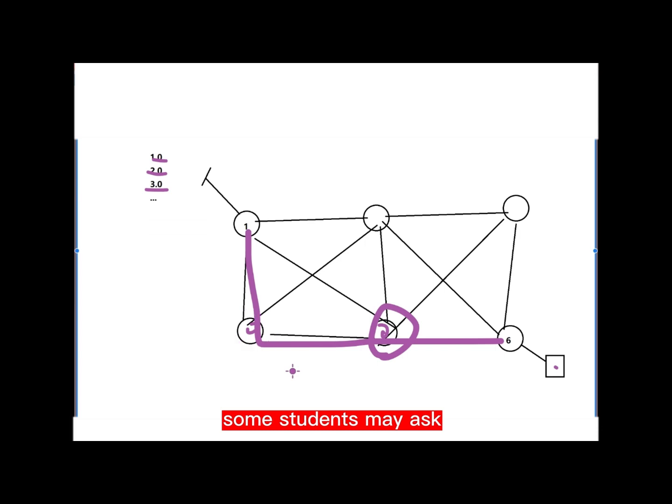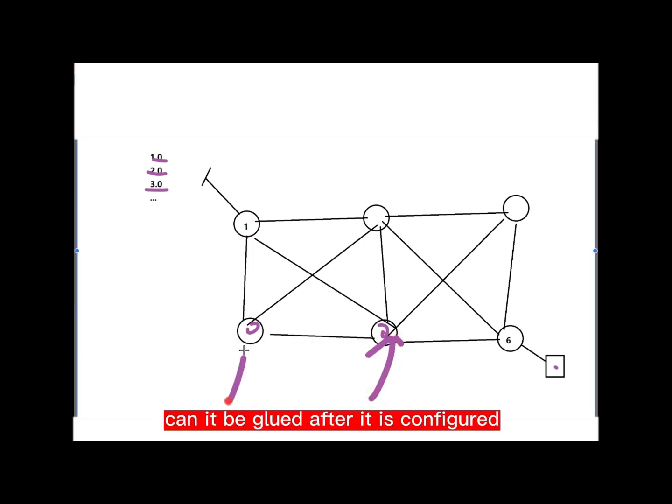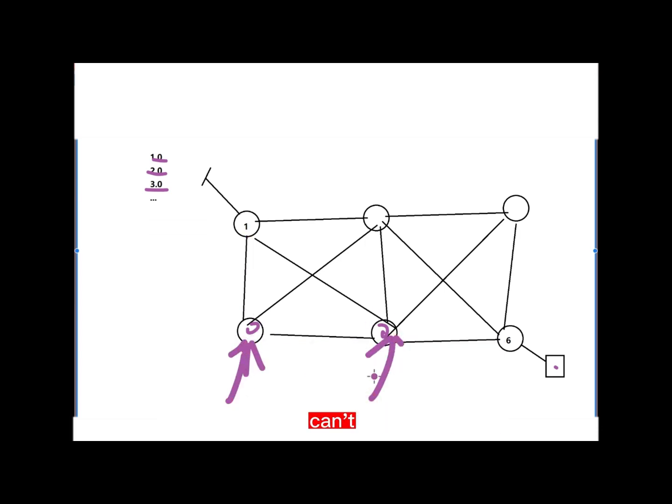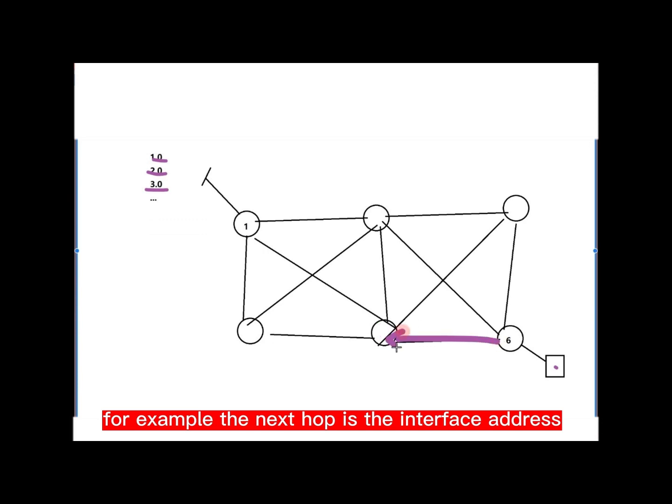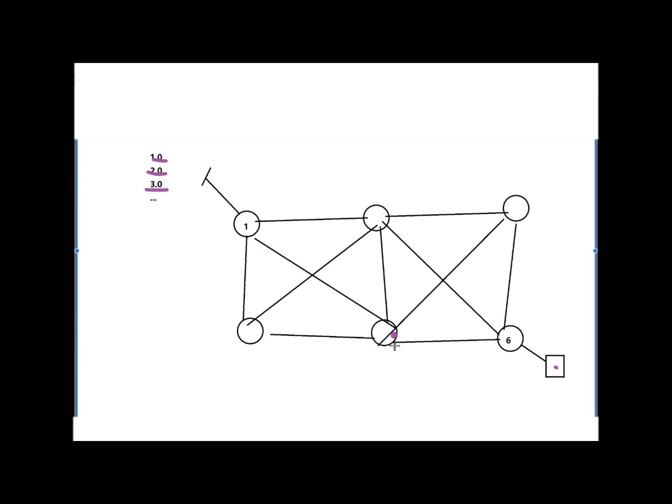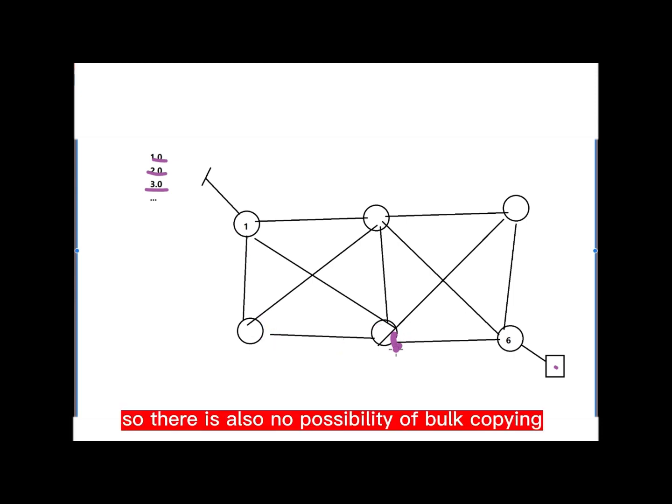Some students may ask, can it be copied and pasted after it is configured? Can't, because the next hop is different. On this device, for example, the next hop is this interface address. On this device, the next hop is this interface. On this device it is this interface. So there is also no possibility of bulk copying.